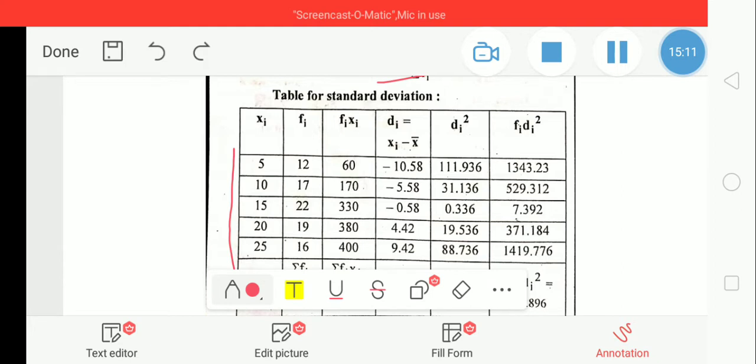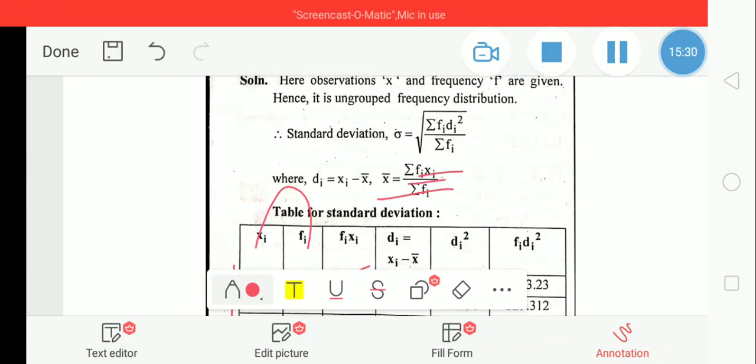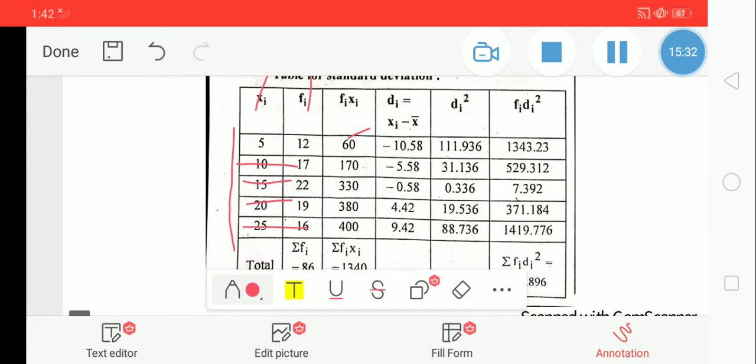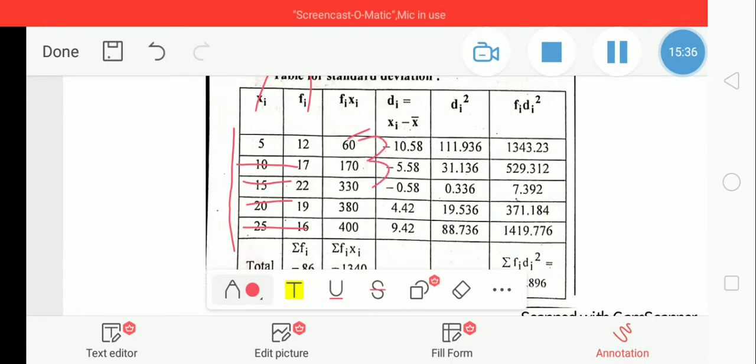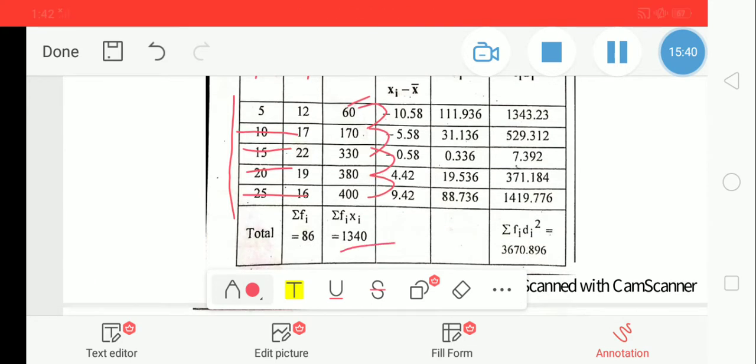Now multiply: 5 multiplied by 12 is 60, 10 multiplied by 17 is 170, 15 multiplied by 22 is 330, 20 multiplied by 19 is 380, and 25 multiplied by 16 is 400. Now we want the summation of fi xi. Taking the sum: 60 plus 170 plus 330 plus 380 plus 400 is 1340.